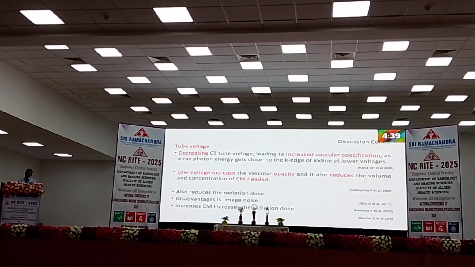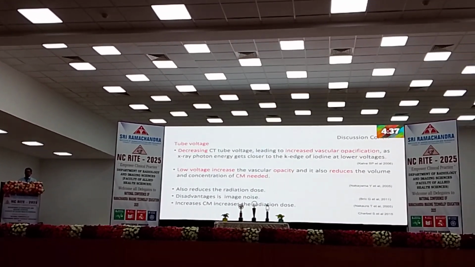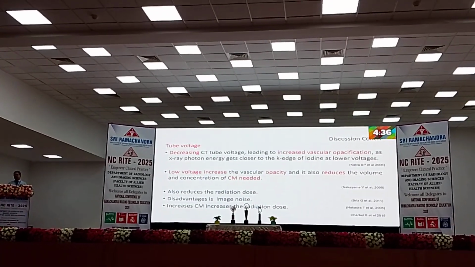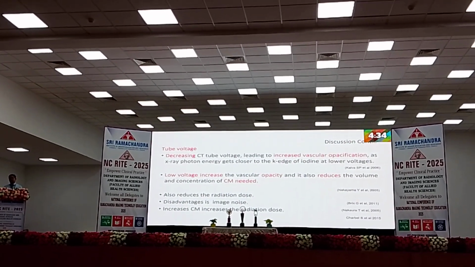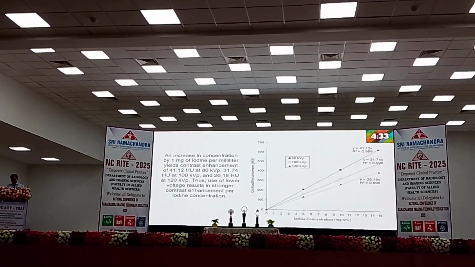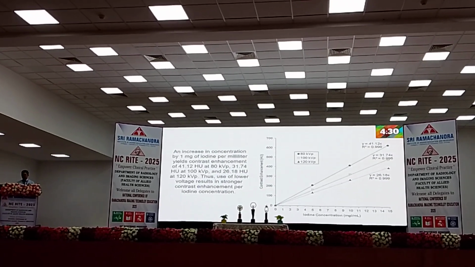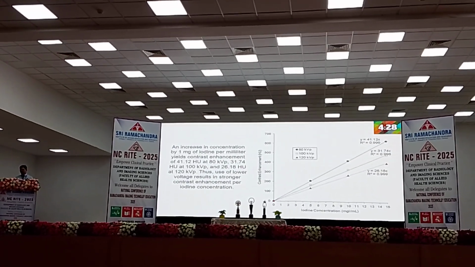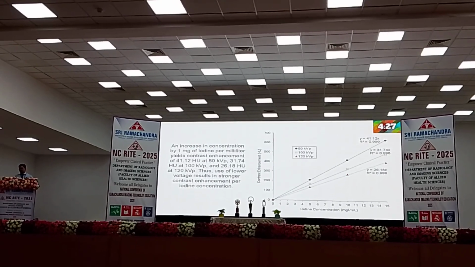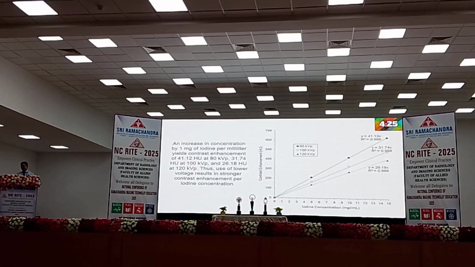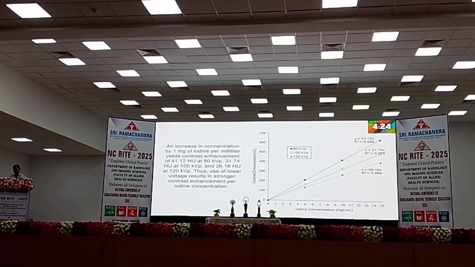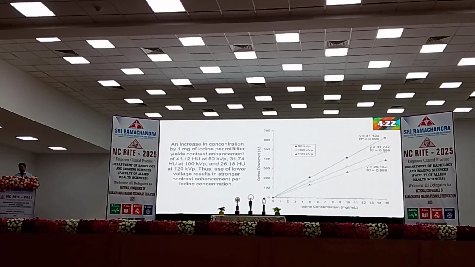So tube voltage is also one of the important factors affecting the enhancement of the Hounsfield unit. I'll give you one example here. The same patient factors as I mentioned earlier: a 30 year old patient, 70 kilo weight, and the height is 170. Okay, constant height of the patient.